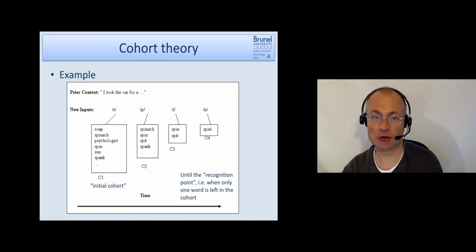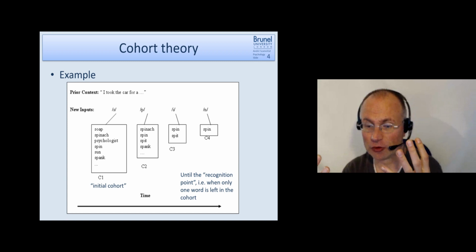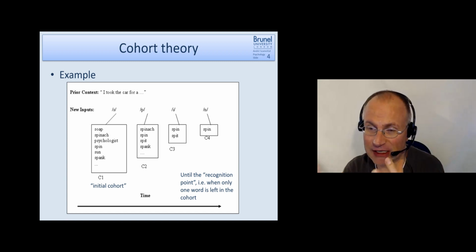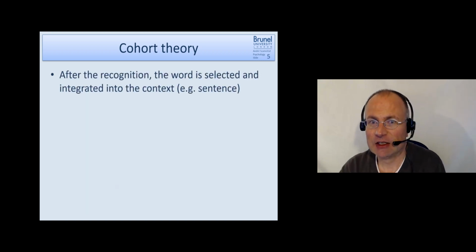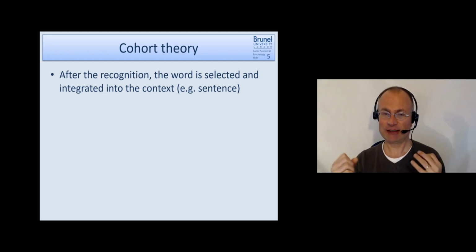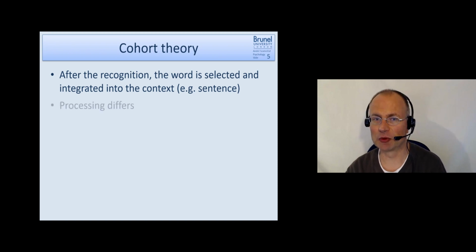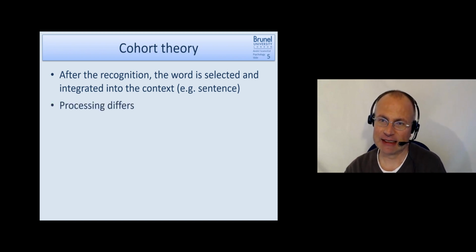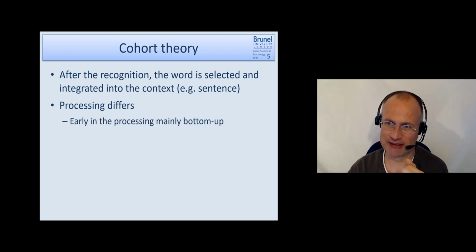And that doesn't always need to be the last phoneme or letter in the word, because some words are so unambiguous that the recognition point might be earlier already. So after the recognition, the word is selected from the lexicon and integrated into the context, into the sentence for semantic, syntactical processing. And it's suggested that the nature of processing differs.